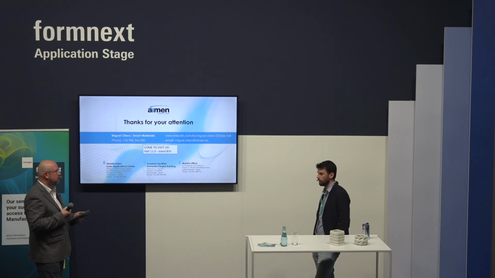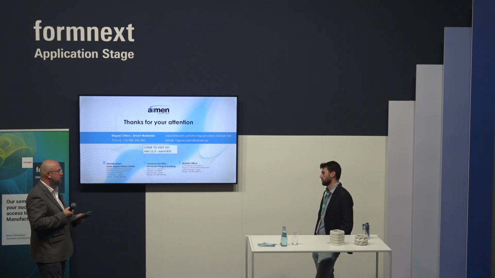I think with this characterization, we obtain a protocol that can help us to predict future geopolymer inks. Our main objective is to develop printable geopolymers, which are more sustainable than OPC. So yes, I hope that these techniques can help to achieve that.